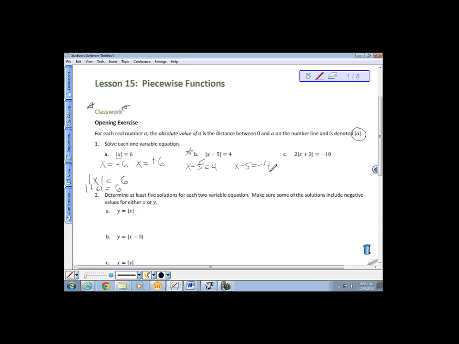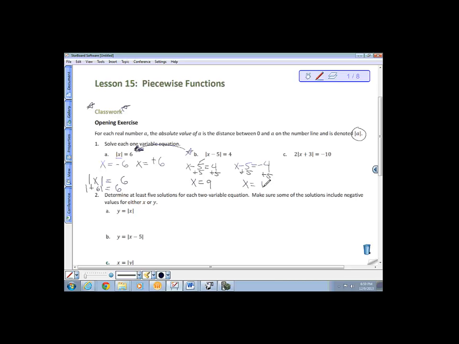If you look at what we did in A, it's the same idea. When I solve the left equation, I add 5 to both sides and I get x equals 9. On the right equation, I add 5 to both sides, but I get x equals 1. So I have two very different answers: x equals 9 and x equals 1.